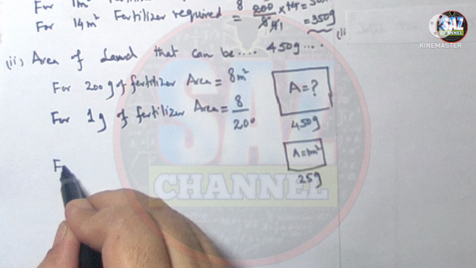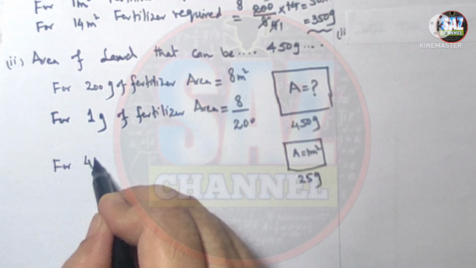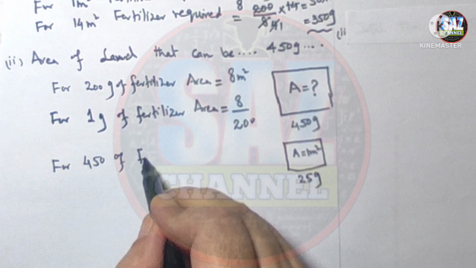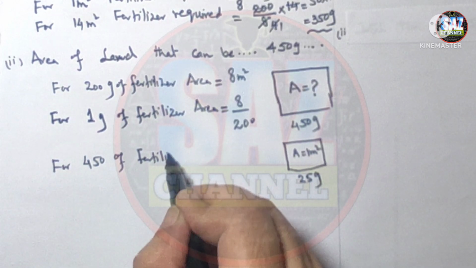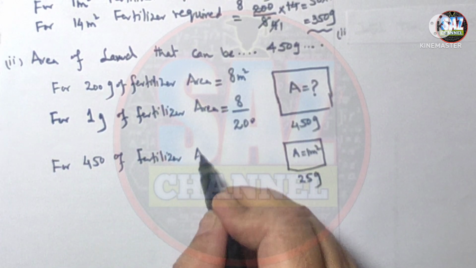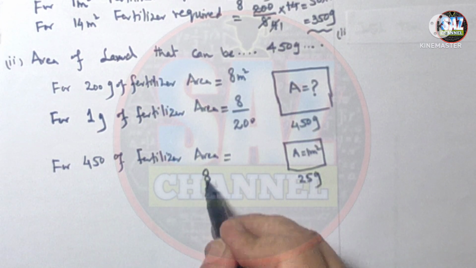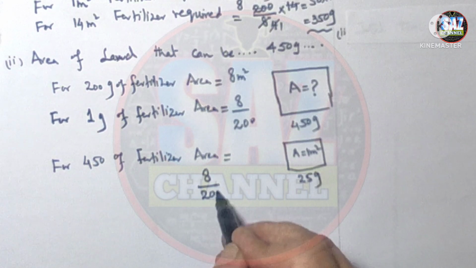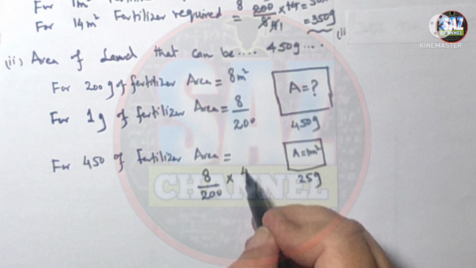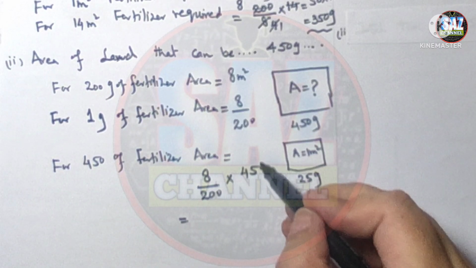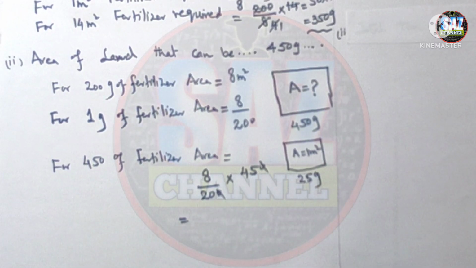For 450 grams of fertilizer, area will be equal to what? So 8 over 200 multiplied by 450. Now focus your attention on how I am making the calculation easy.